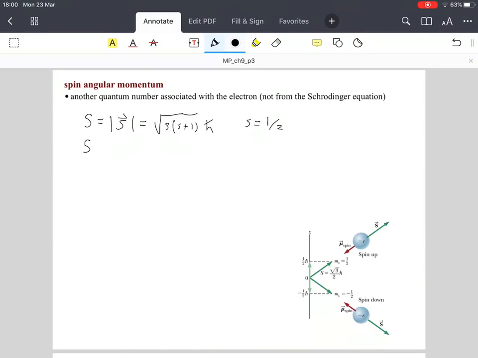Now we can also, similar to what we did for the orbital angular momentum, have a z component, and that looks very similar, where you have m times h bar, but notice the subscript s. This is telling us that this is now only related to the spin, and m_s is equal to minus 1/2 or 1/2.